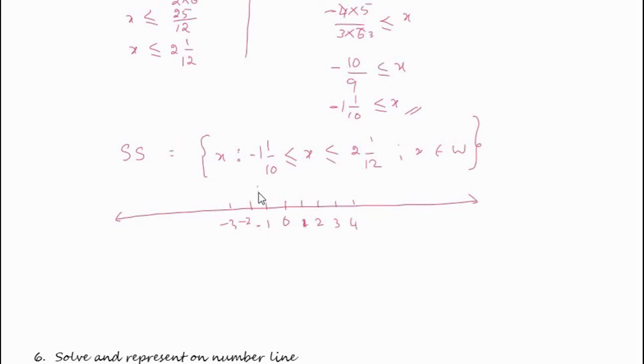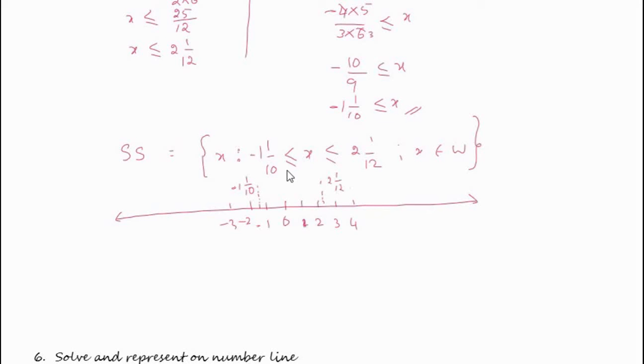So this will be to the left of minus 1. So this is minus 1 1 by 9. And x is less than or equal to 2 1 by 12. So 2 1 by 12 is just to the right of 2. So this is 2 1 by 12.